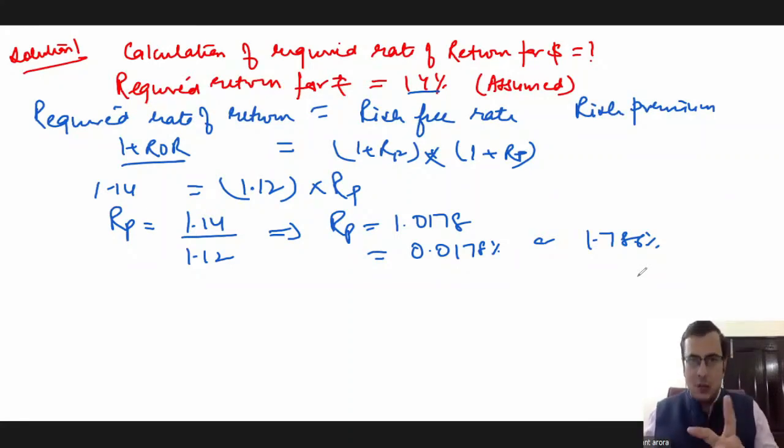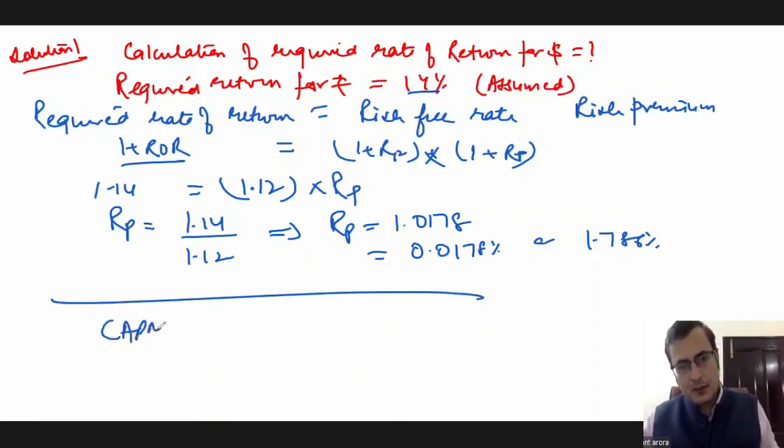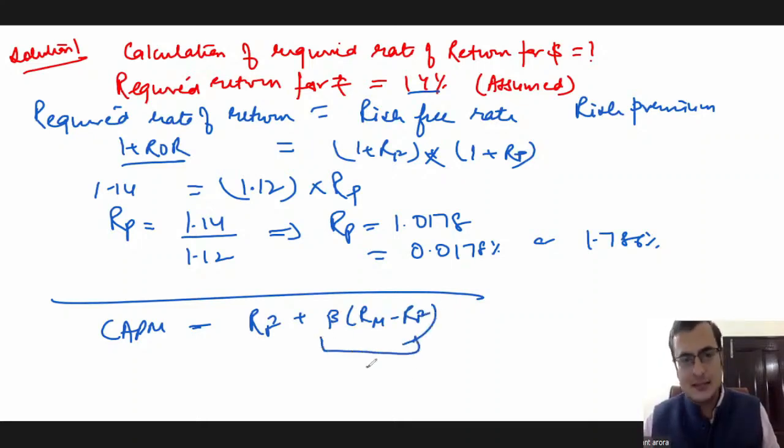Naveen, do you remember CAPM? Sir, is it required here? No, it's not required. I'm just telling you what CAPM was. A lot of students might think that it should be plus, so I'll tell you why it is not. CAPM is very simple: RF plus beta times (RM minus RF).